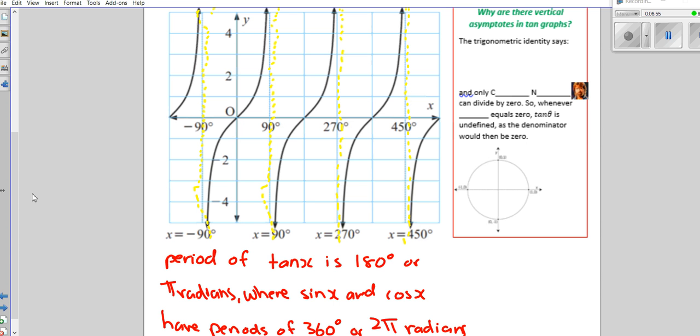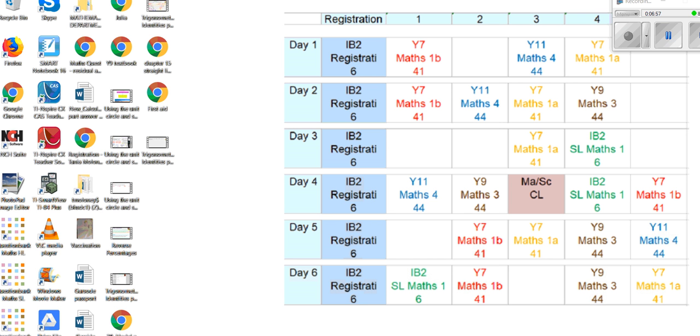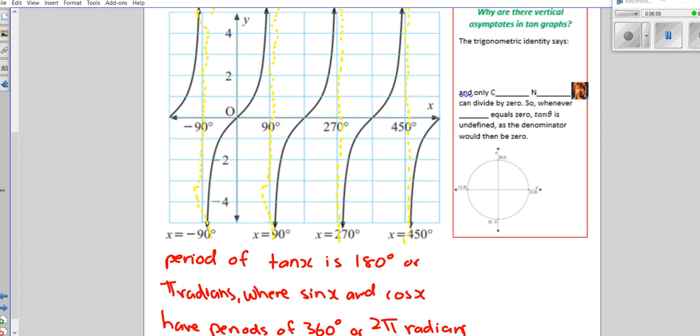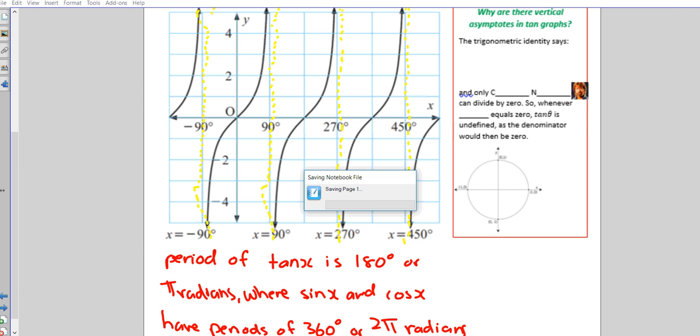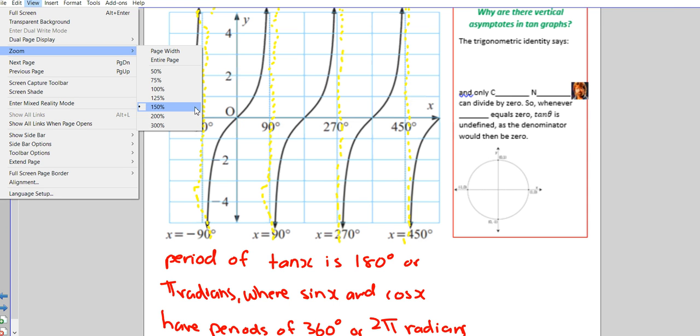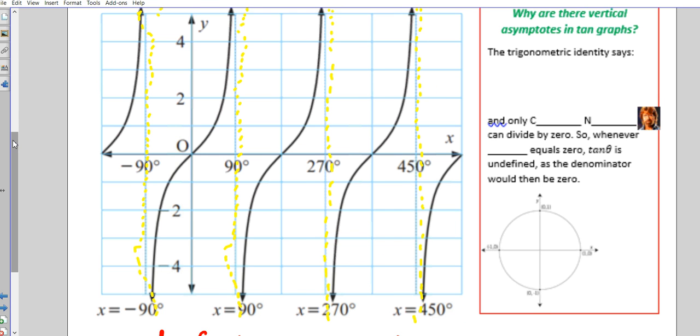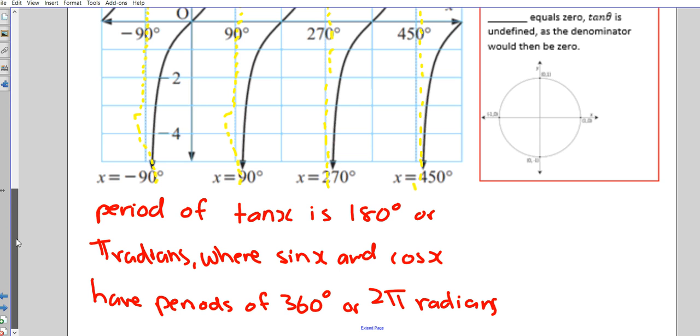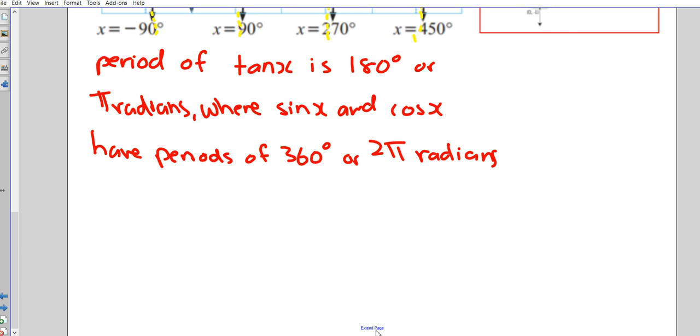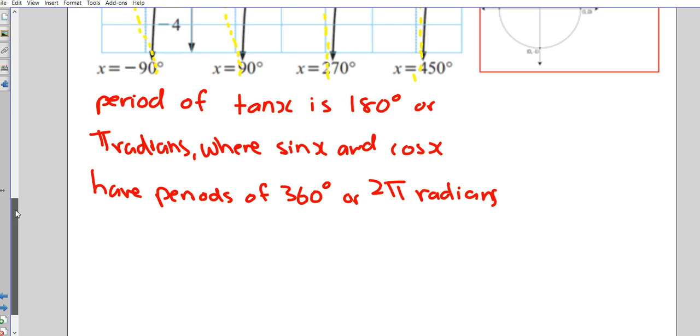I'll just save what we've done. Oh, whoops. Didn't mean to close that. I meant to close this one. Now I just need to zoom in a bit. There we go. So we've got the 4 asymptotes. Another thing, if you've got any space, just write that they have vertical asymptotes.